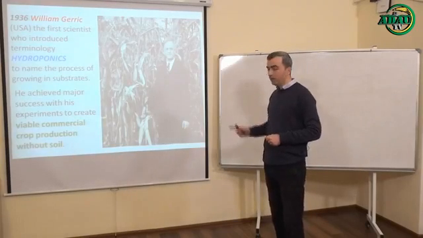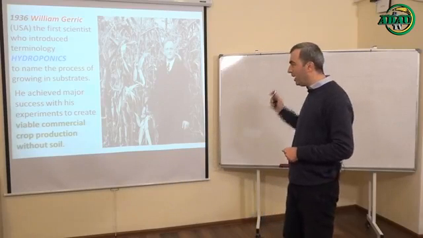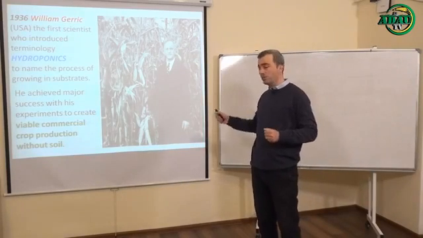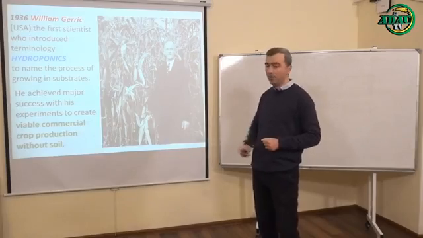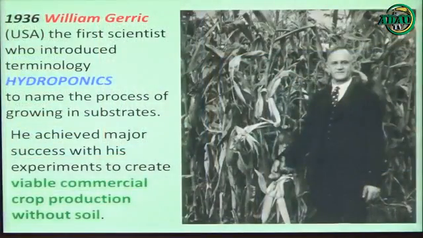The next one, the person who lived in the US but who first named the process hydroponics, was William Garrick. In his laboratory, he was able to pass the stage of experimenting, and he was the first person who introduced commercially viable crop production without soil.